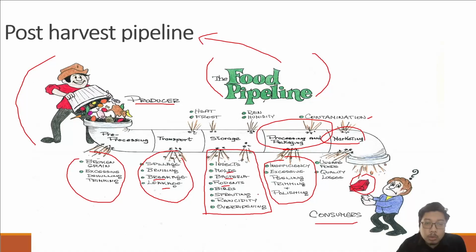We want to reduce this. The aim of post-harvest is to reduce these losses so that the final product that the consumer receives is a lot higher compared to the current situation. I believe you understand the idea of what the aim of post-harvest is, right?